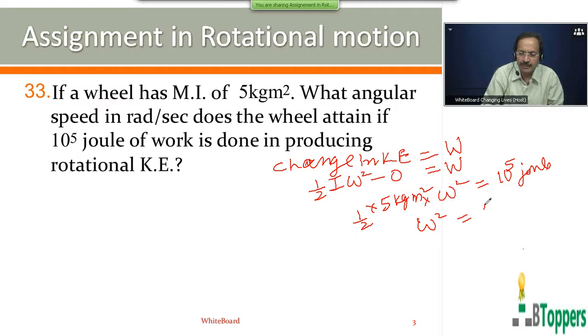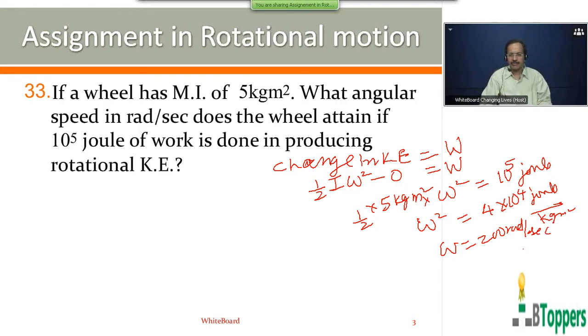If you simplify this further, you get omega square equal to 4 into 10 power 4 in SI units. So you get omega equal to 200 radian per second. That's the answer. For question number 33, which I just discussed, the first option is the answer.